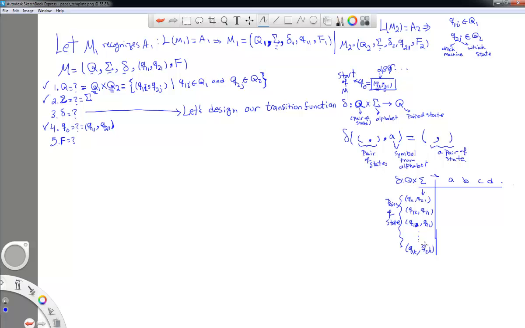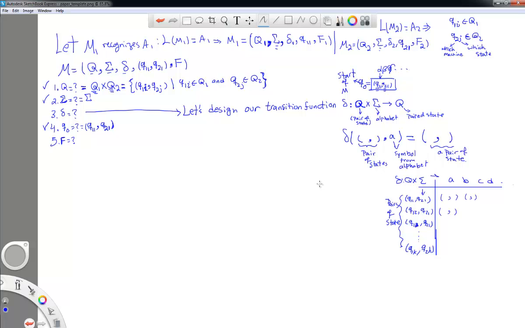So the first state always has its subscript start with 1, and the second in the pair will always have its subscript start with 2. Then going through each of these symbols, it's going to produce a pair of states, and that's how my function would look. Now, how would it look in terms of diagrams?